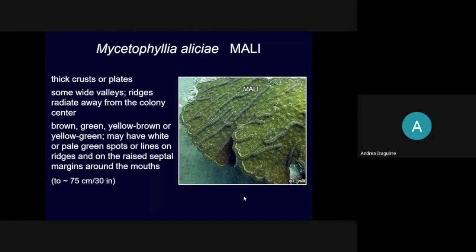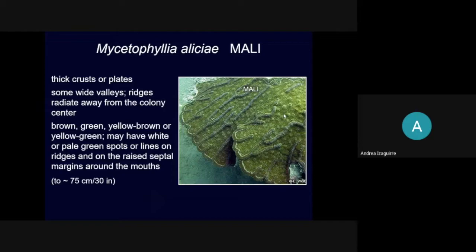Now, the second Mycetophyllia we're going to see is aliciae, or MALI. Same as MFER before, it's going to have raised margins around the mouth, but it's not going to have them bumpy like in ferox.